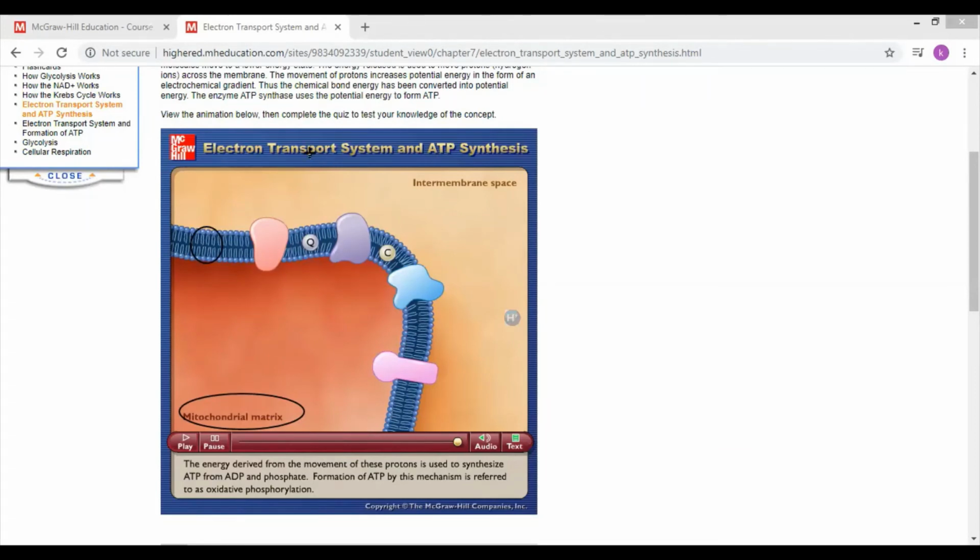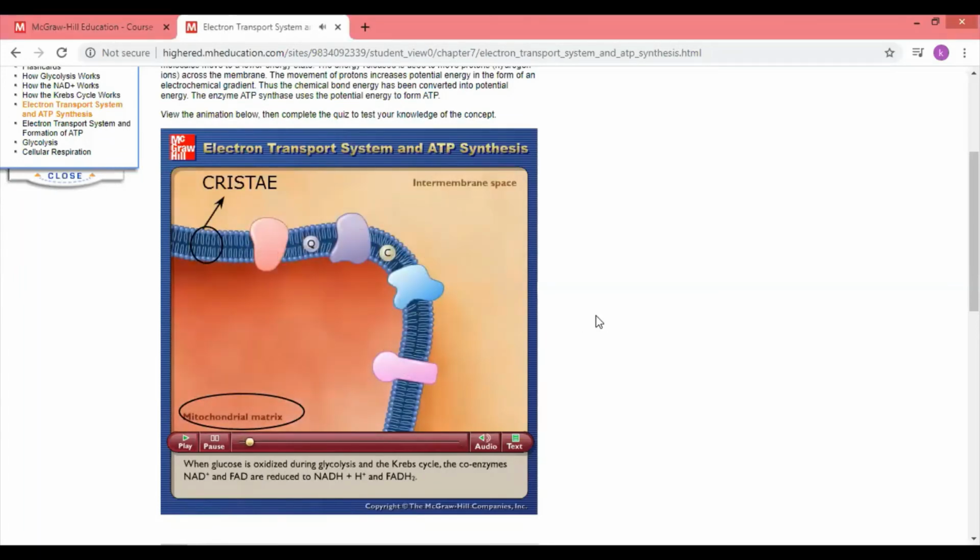The electron transport chain will take place inside the inner membrane of the mitochondria, which is known as cristae. This is the inner folded membrane of the mitochondria, known as cristae, where the electron transport chain, the last stage of aerobic respiration, will take place.